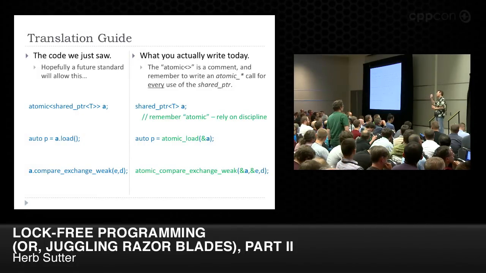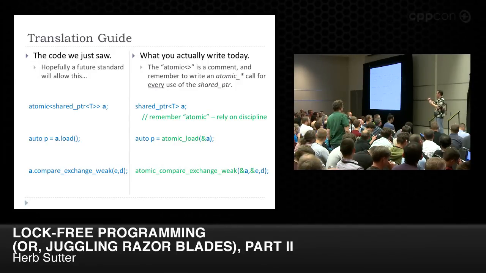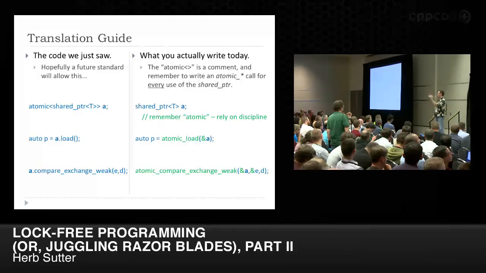I get to finish answering the question too. So it takes a lock for a specific shared pointer or for a group of shared pointers on a page, or some other way you can implement those free functions. They are all correct. If you want more, ask me afterwards. You can be more efficient if you do it the left-hand way, because I can just put a flag inside every atomic shared pointer, which is the way I recommend people wrap it today.